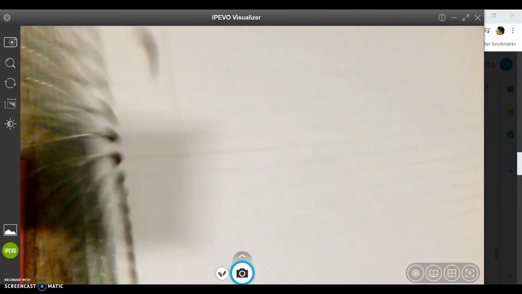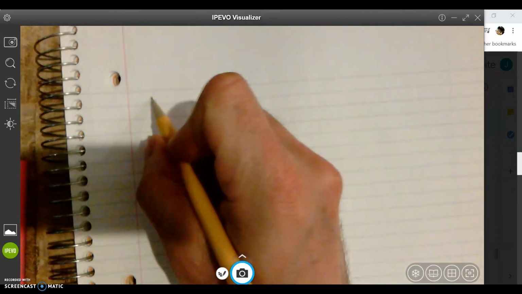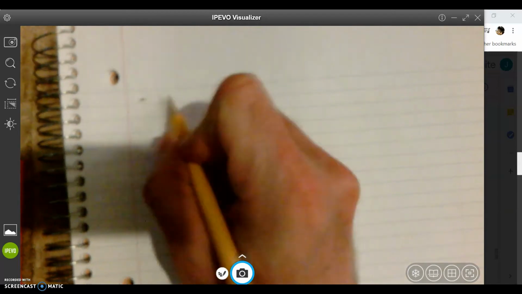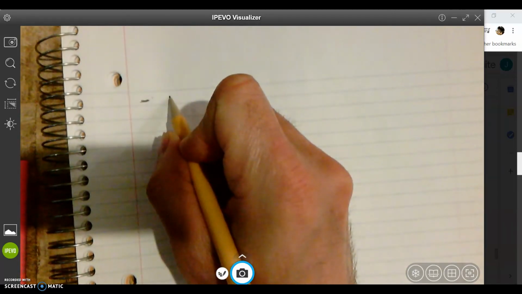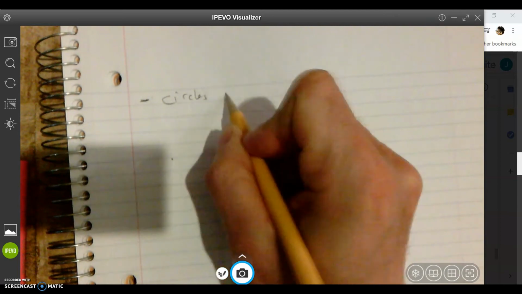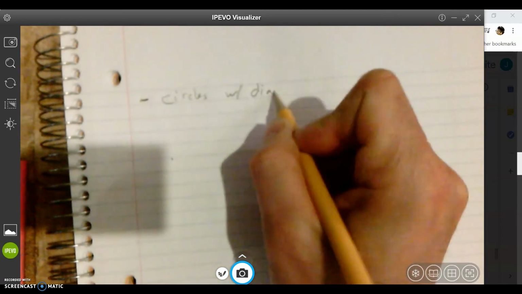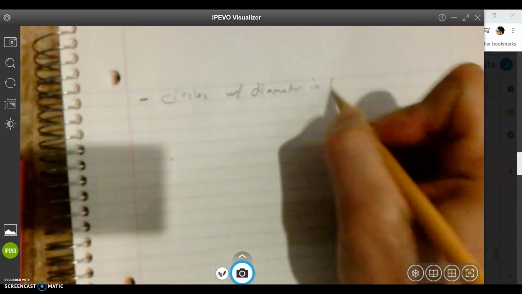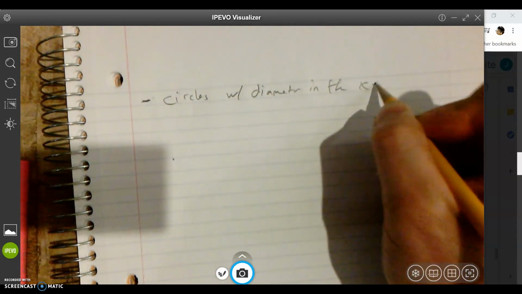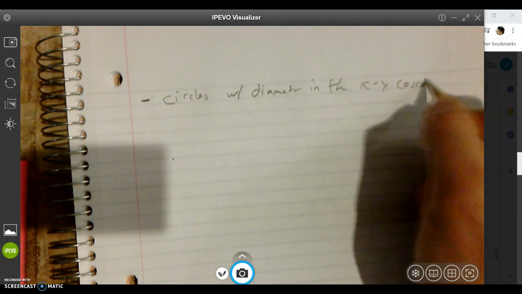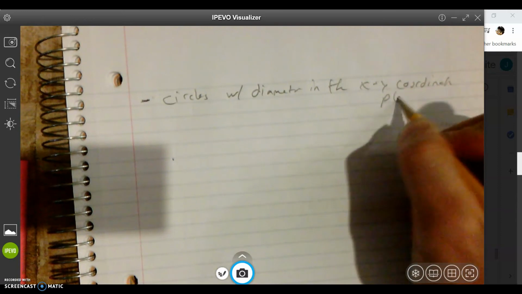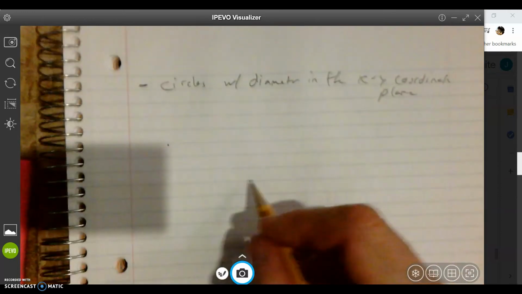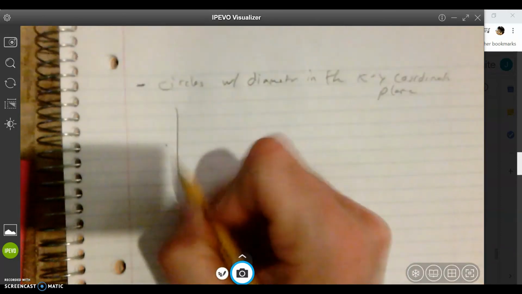Let's do one more, shall we? So we need to find the volume when we have circles with diameter in the xy coordinate plane. Okay, same picture.